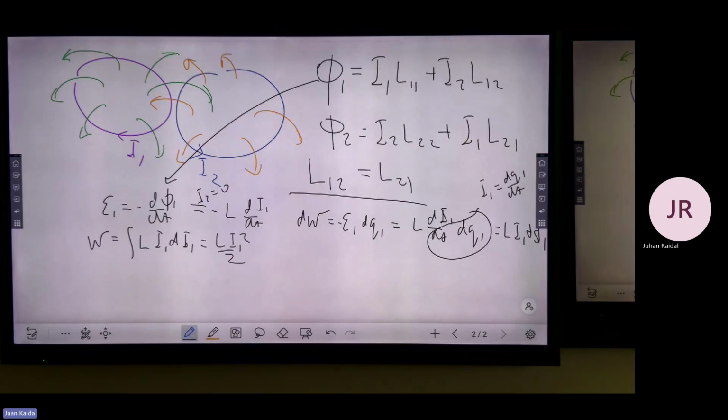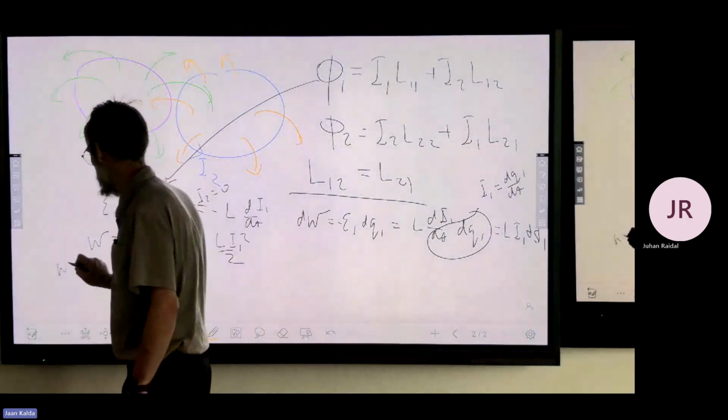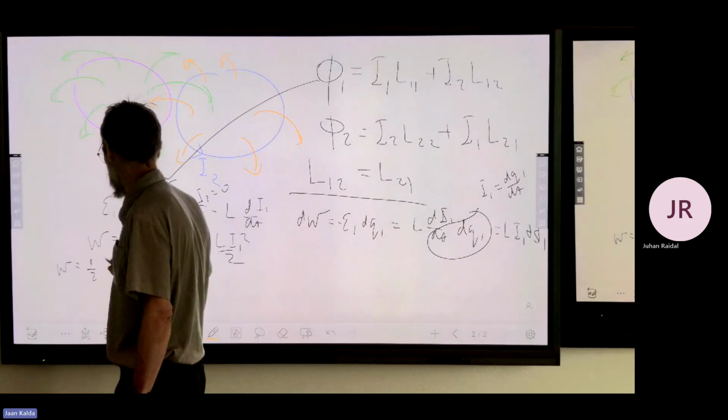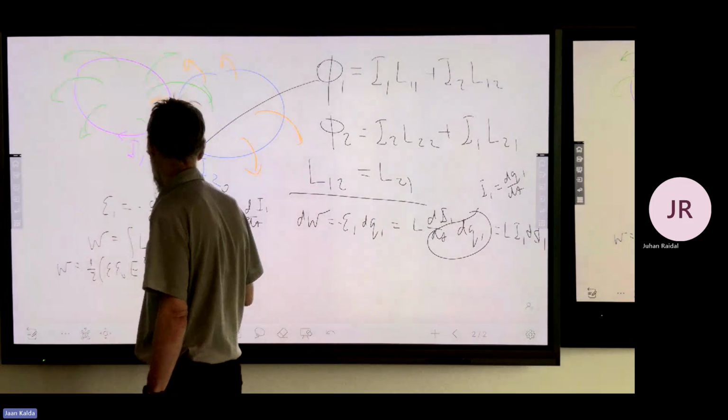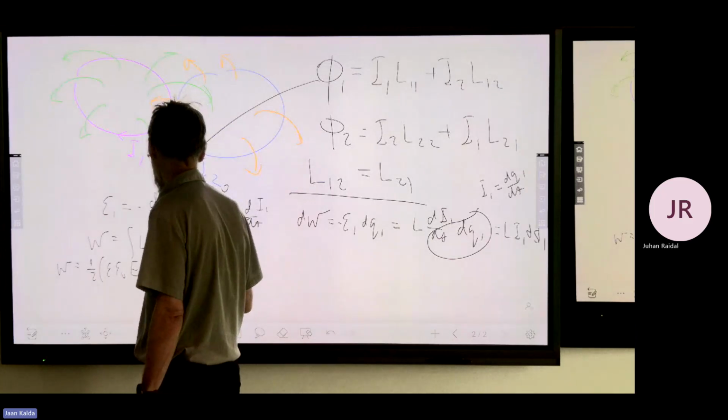In the case of the electrical field, we had two ways to calculate the energy of a configuration of charges. One was that we have the field energy density W, which is 1/2 epsilon naught E squared plus B squared divided by mu naught.